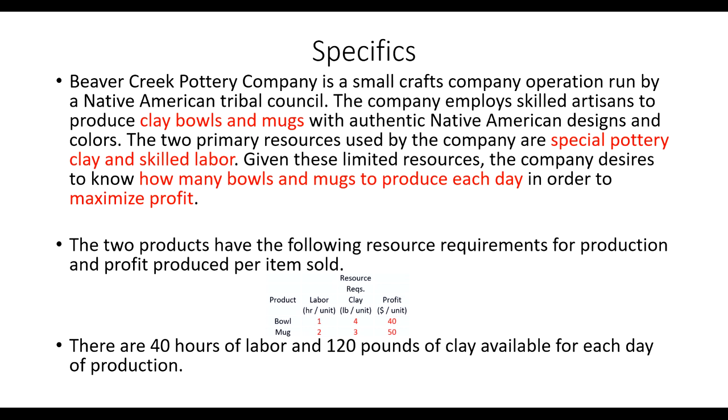And same for clay, 4 pounds per bowl, 4x1, 3 pounds per mug, 3x2, must be less than or equal to 120. So we've highlighted in this situation all of the key information. Now we have to write it in equation format. We'll do that here.